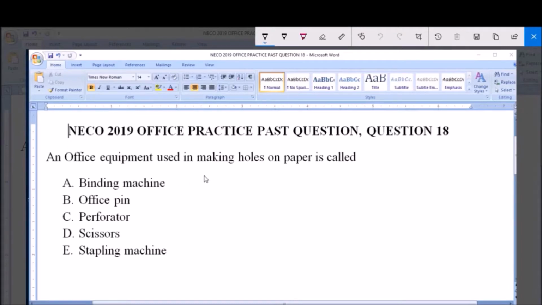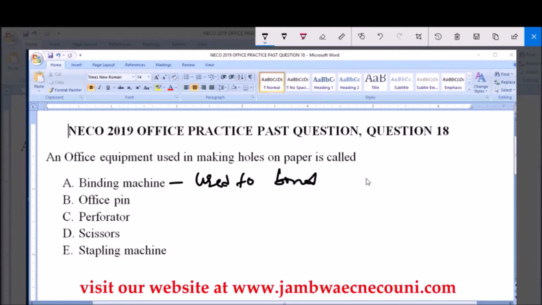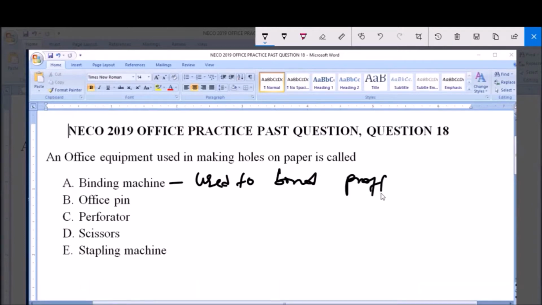Now A says binding machine. A binding machine is simply used to bind professional documents, or sales documents for sales materials. Then B, office pin.